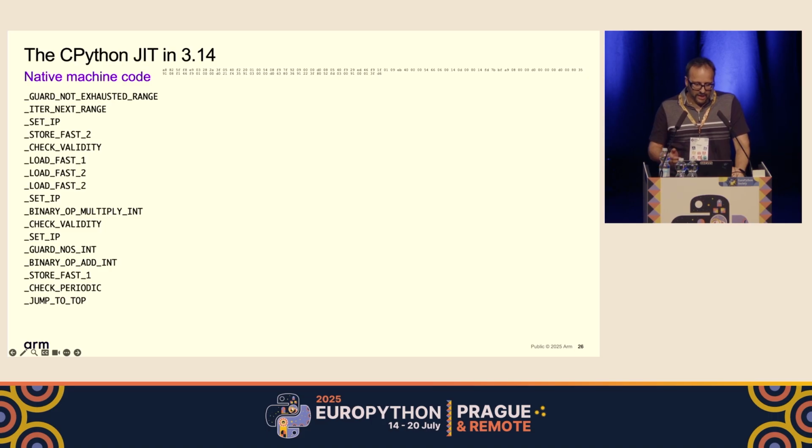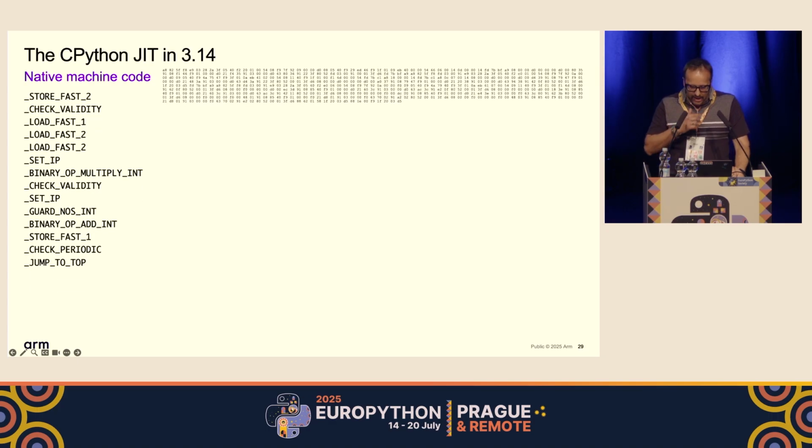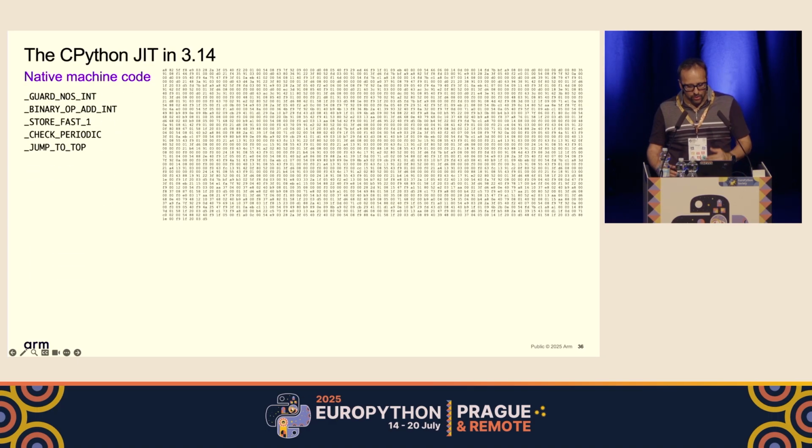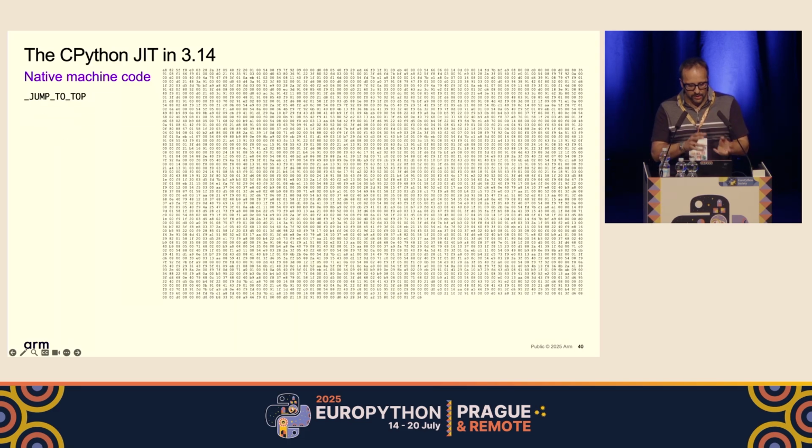Now we see how these micro-op traces will be converted into machine code. Again, this is another small animation that shows how we consume all the traces, and they are replaced with native machine code. Once patched, these pieces are all linked together into a single executable block.